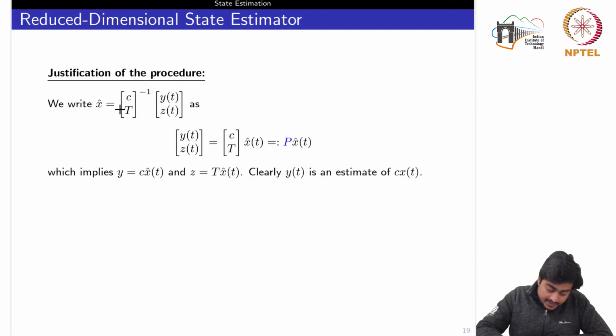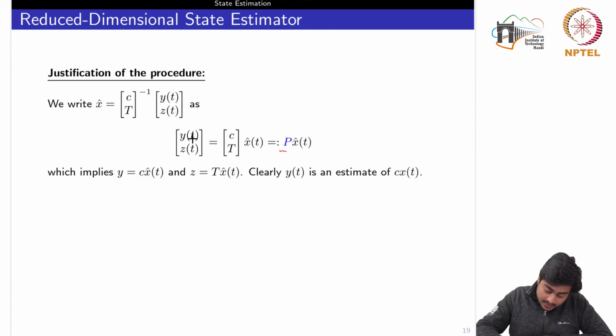So we write the output equation for x hat: suppose it is possible to take the inverse of this matrix, then I can write [y(t), z(t)] as P times x hat, where P is the matrix of which I need to show the invertibility, on which we will come later.